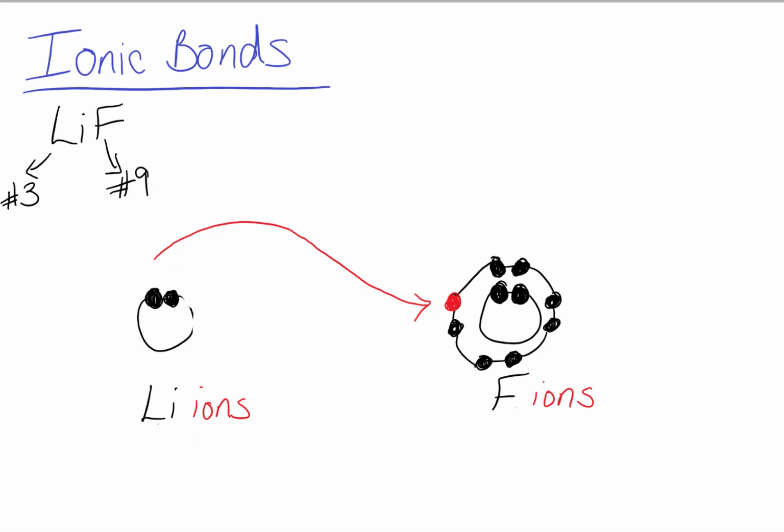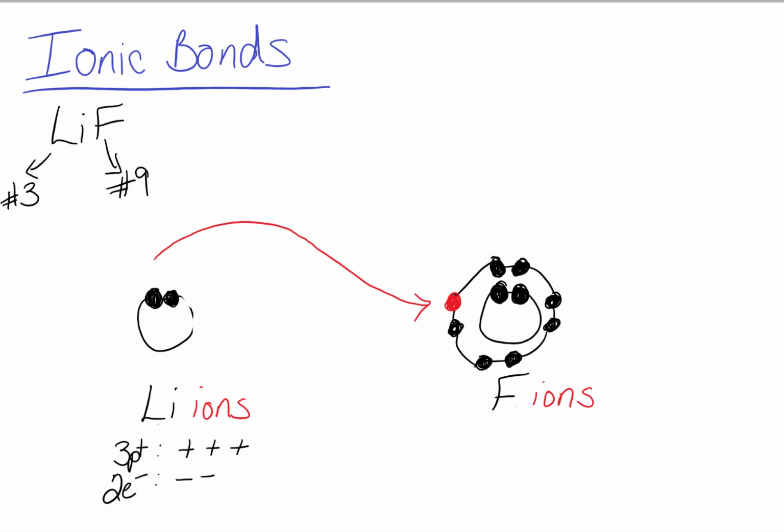So lithium, we know, has 3 protons. So it's going to have 3 positively charged protons associated with it. Remember, the number of protons gives the atom its identity. So in this transfer of this one valence electron from lithium to fluorine, we didn't change the number of protons in either atom.